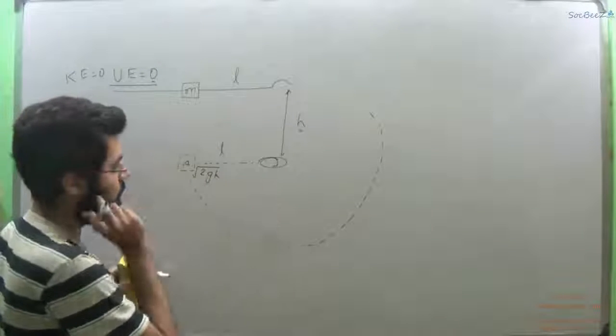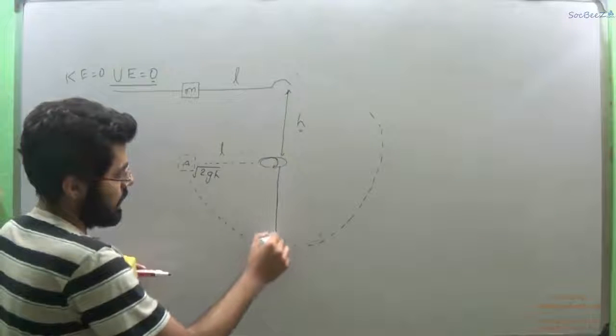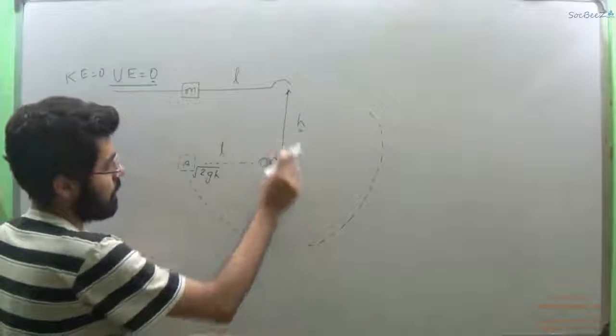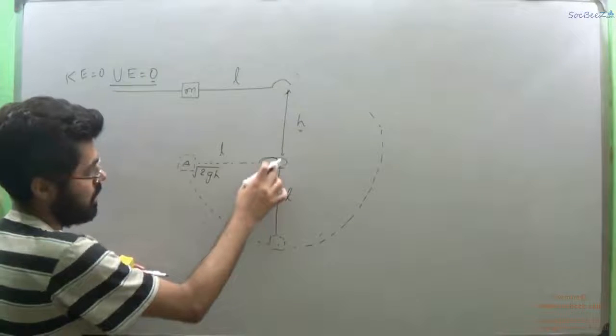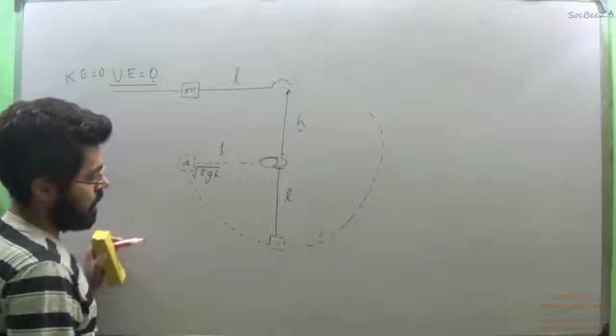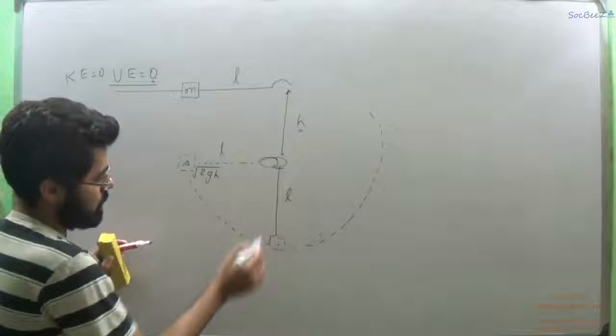There is no question in that. Now this point is at a height L below it. Mark it. This is H, this is L, because this is the length of the rod below the fixed point here.